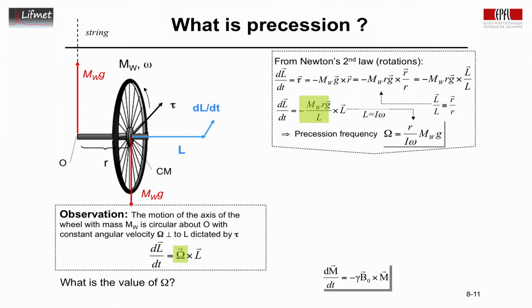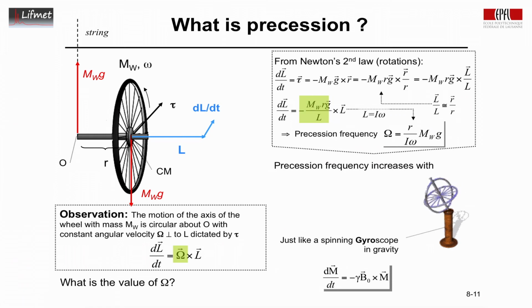Compare this to the equation that we have here. We have the omega here, we have this value, and the equation of the magnetization. It is basically our magnetization does a motion just like a spinning top. And hence, we can look at some factors that increase it. If you look at the wheel, if the mass of the wheel increases, the precession frequency increases.